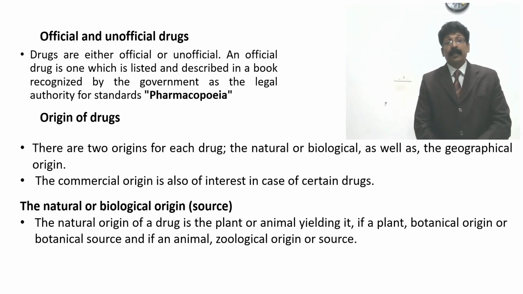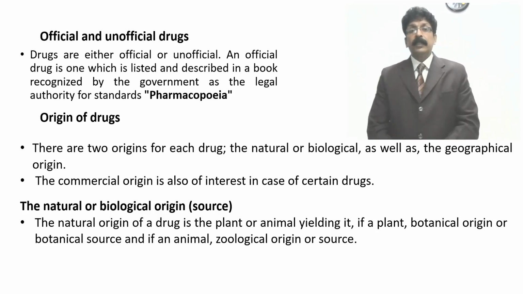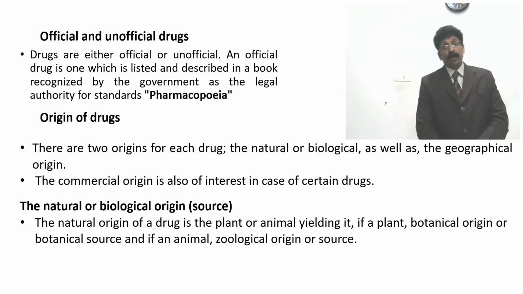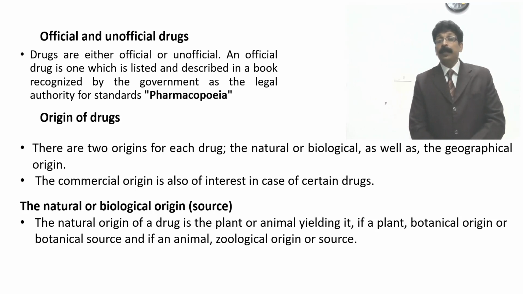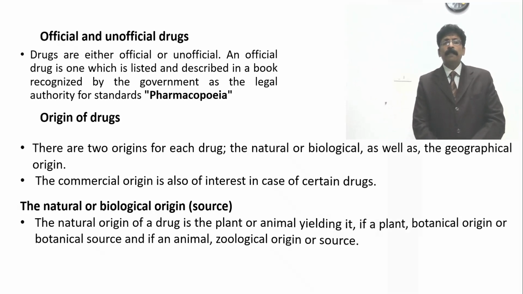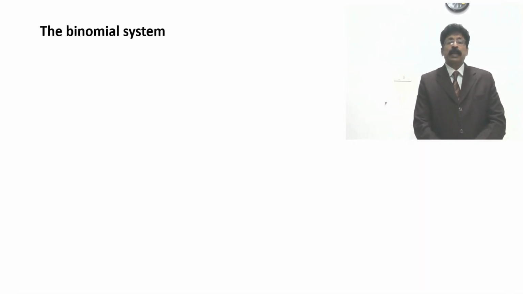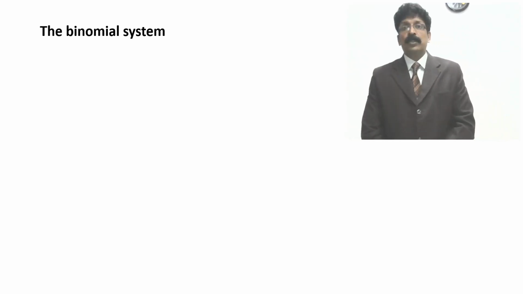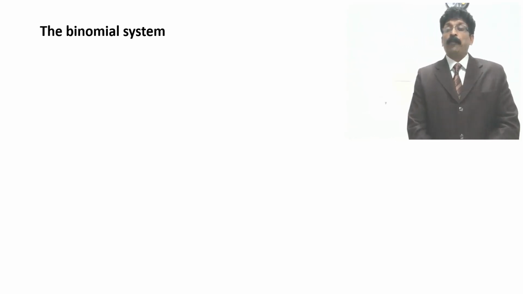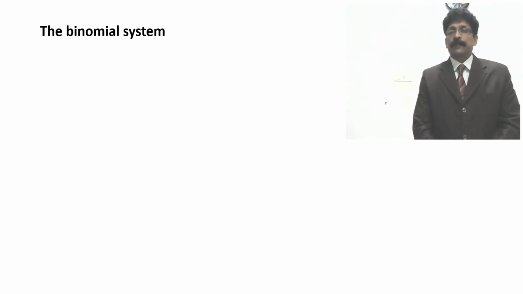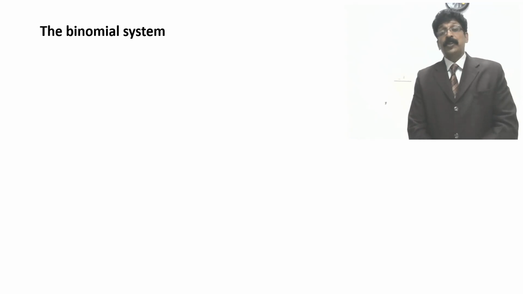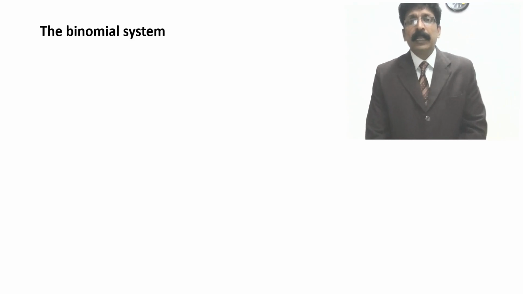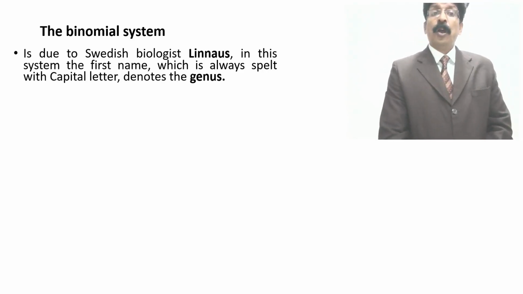If it is an animal, then zoological origin or source will be recorded. So this is the thing which we want to tell about the source: biological source, botanical source, which we use whenever you are mentioning any crude drug. In the examination, as an example, you have to write the botanical source, the biological source.